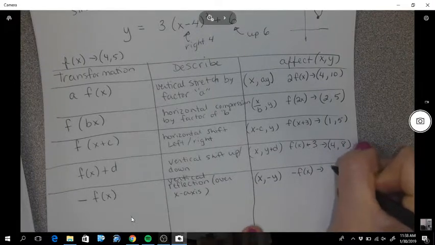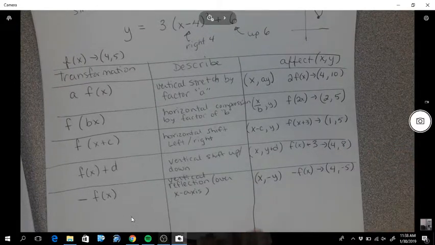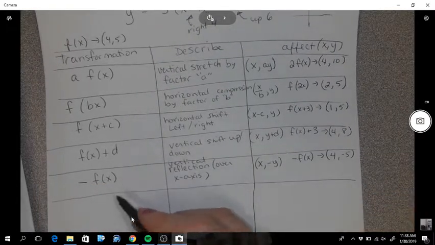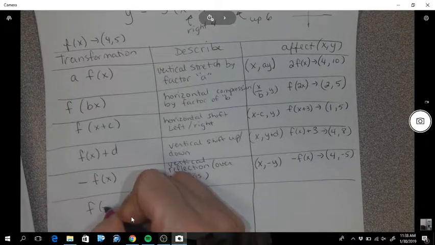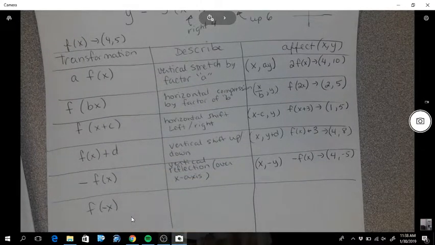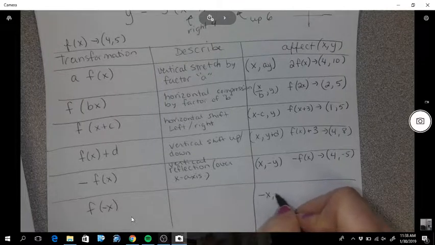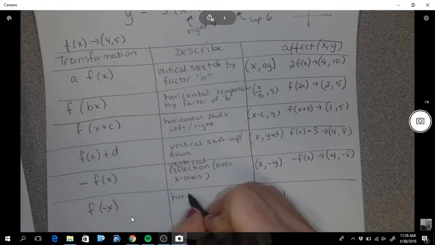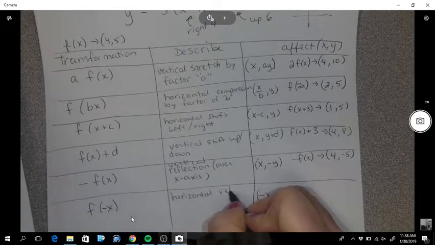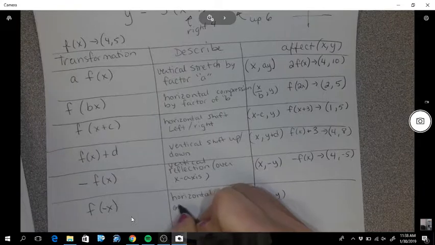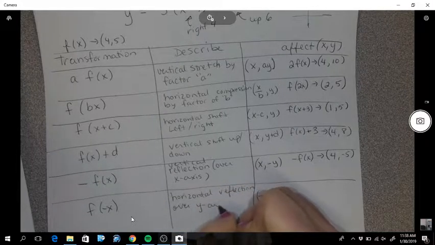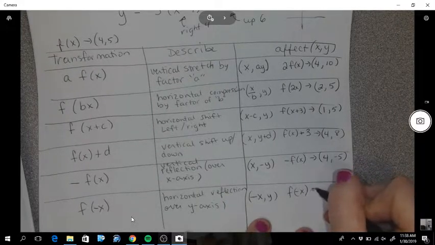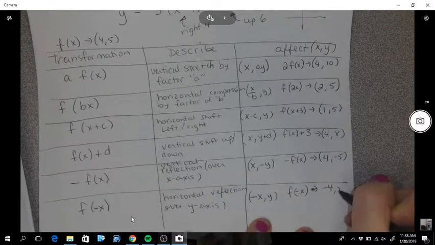So in our case, our point would change to 4, -5. And so what if we put a negative in front of our x like that? Then that changes our x value to be negative. So then it would be a horizontal reflection, and then that would be over the y-axis. So f of -x would become -4, 5.